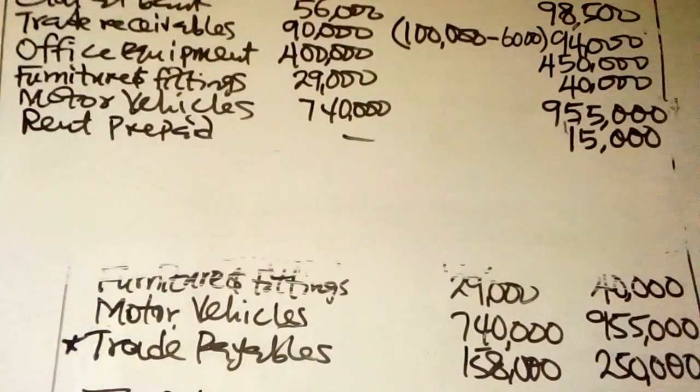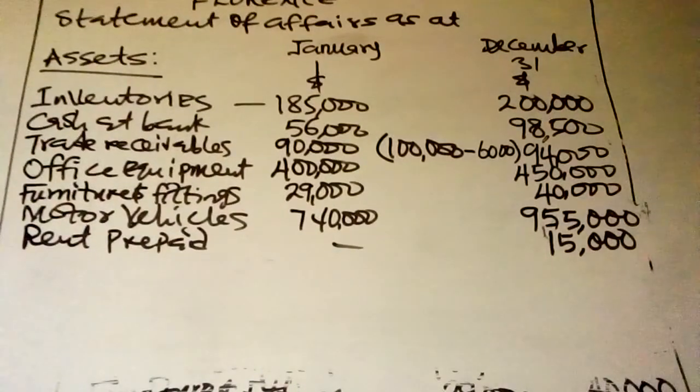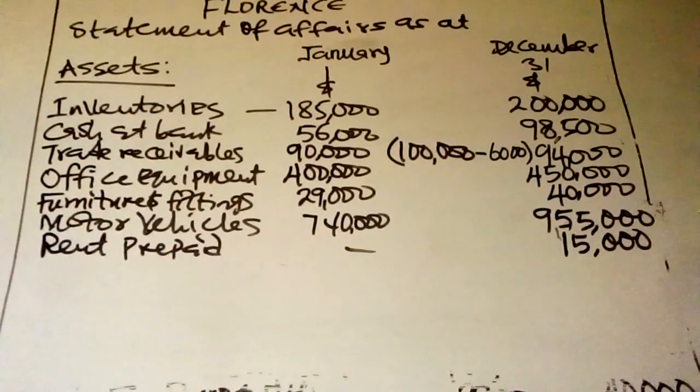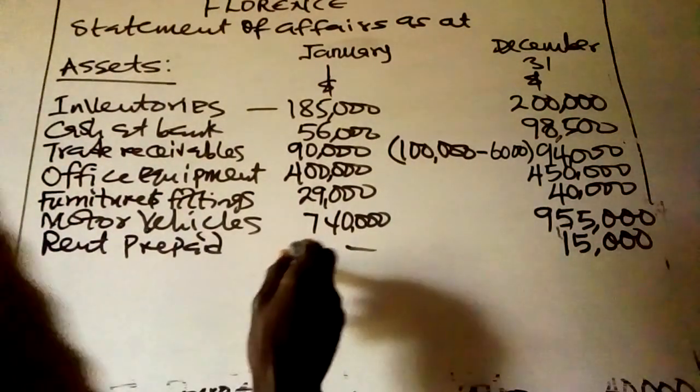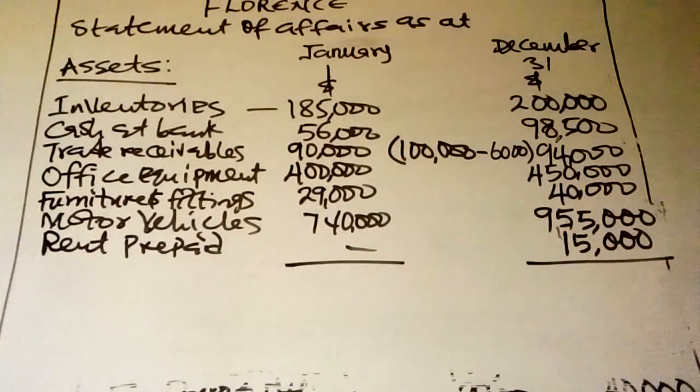Now, note 3 is additional capital. So now you can cast, in order to sum up the assets, what is our total asset? Now let's add it up.